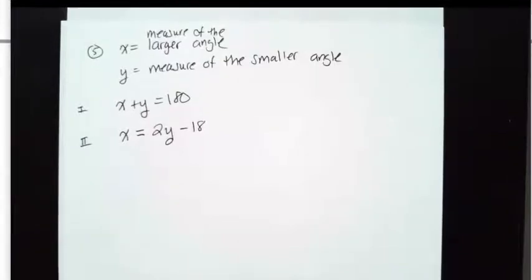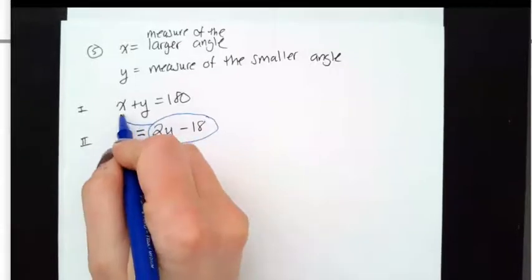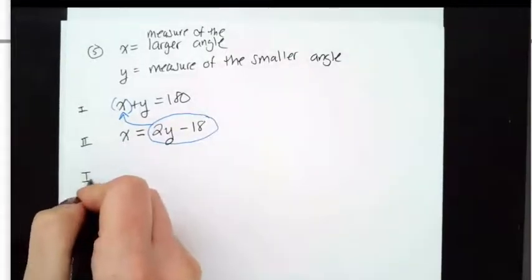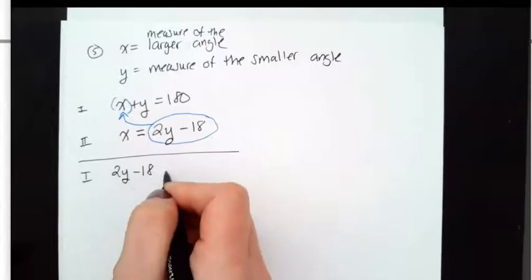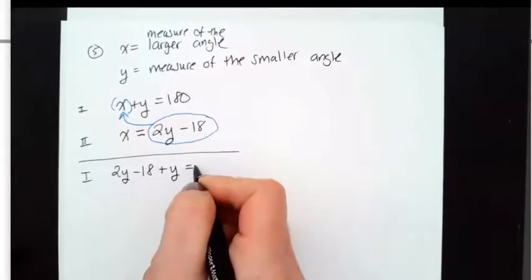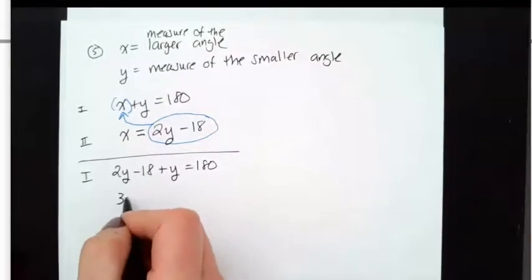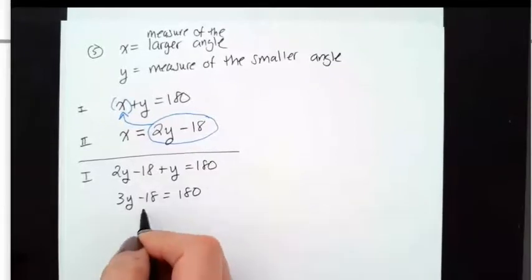This one leads me towards substitution because my second equation is x equals. So I'm going to substitute this expression for x into the first equation. The first equation is now 2y minus 18 plus y equals 180. Combining like terms, 3y minus 18 equals 180.